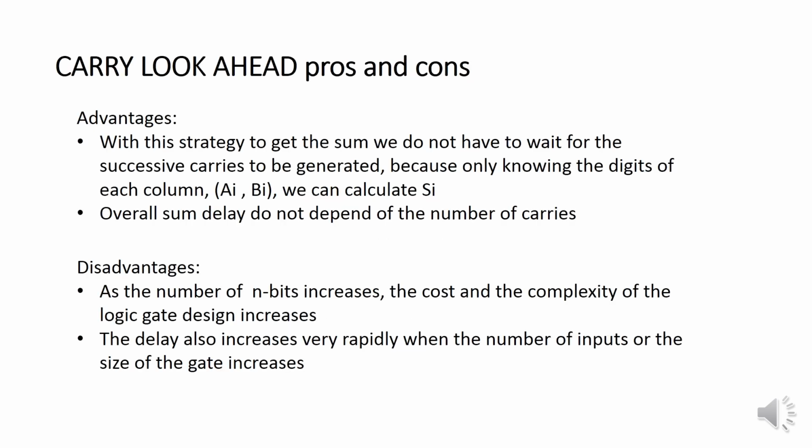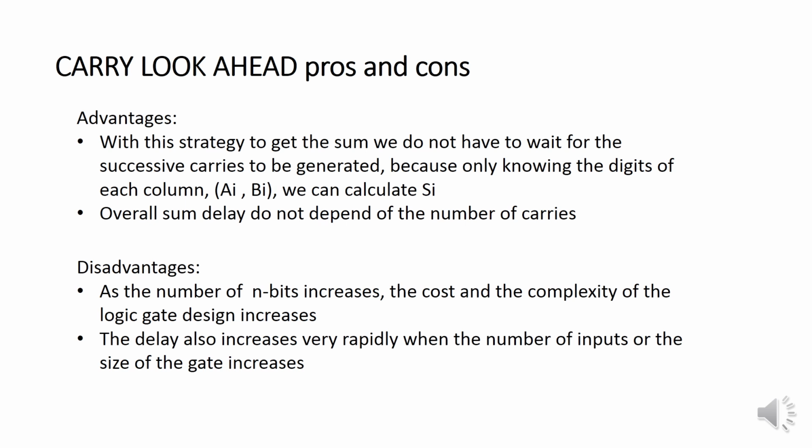Advantages and disadvantages. When we presented the strategy scenarios, we already talked about the advantages. But now also, after working with the circuits, some disadvantages exist, mainly when the number of n bits increases, that is, when we want to pass from 4 bits carry look ahead adder to 16 bits to 32 bits or more.